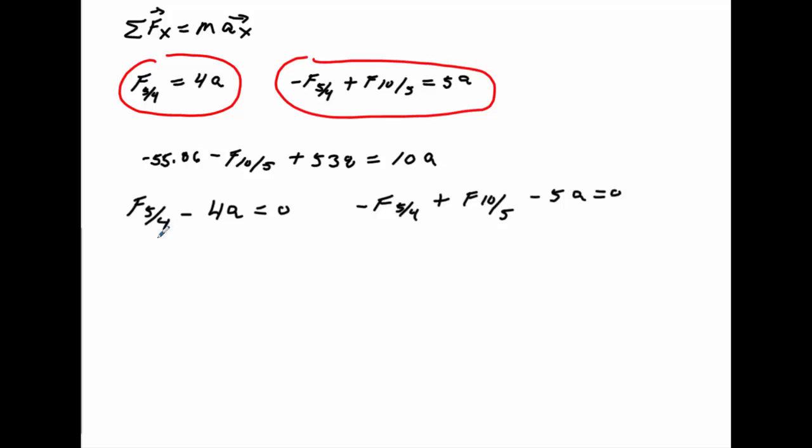And same way with this equation here, I'm going to do minus F of 10 onto the 5, and then we got the minus 10a. And then these two, I'm going to add together and move to the other side.